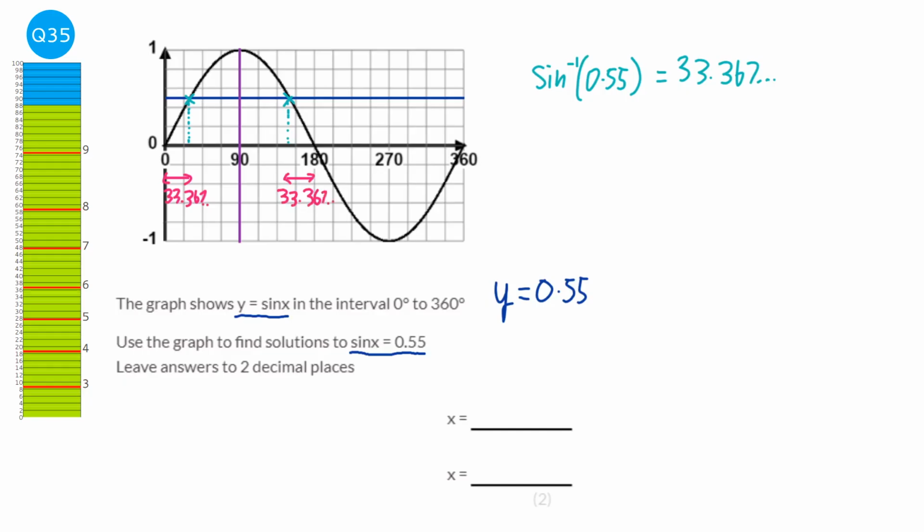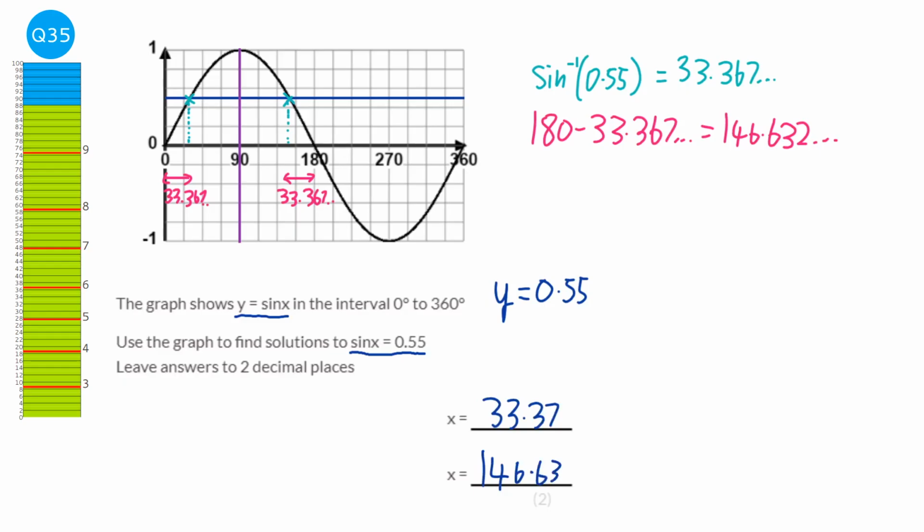And so all we need to do to find out what this coordinate here is 180 minus the 33.367. And when we do that, we get 146.632 and so on. It says it wants it to 2 decimal places, so our 2 solutions are 33.37 and 146.63.